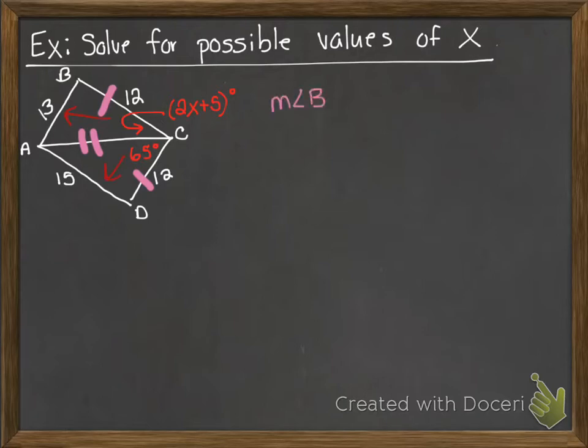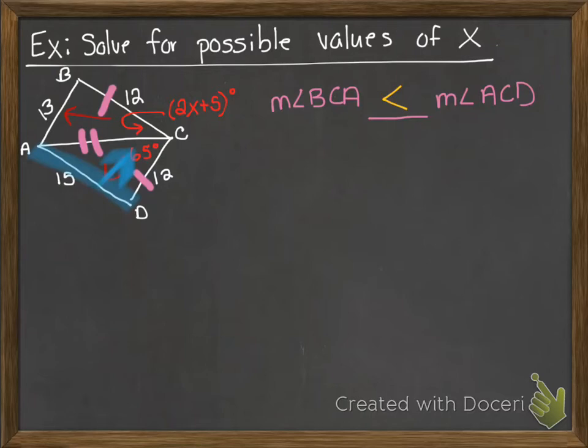So here I'm going to take a look at the measure of angle BCA and compare it to the measure of angle ACD. I notice that 15 is bigger than 13, so I know that the measure of angle ACD is bigger than the measure of angle BCA because it's across from my bigger side.